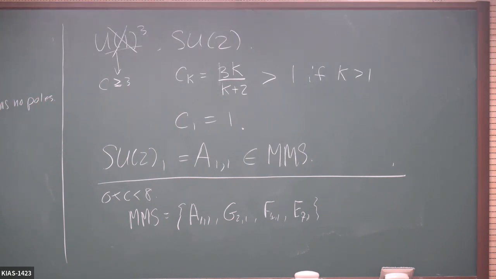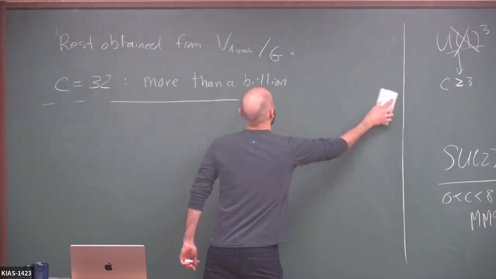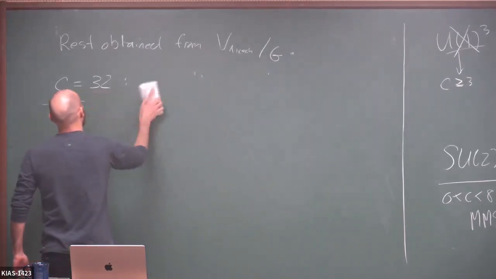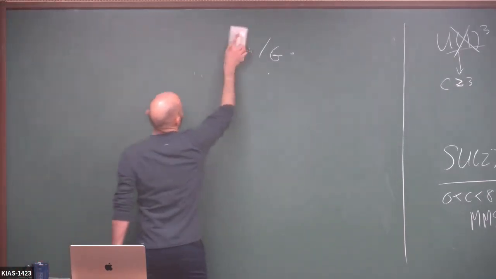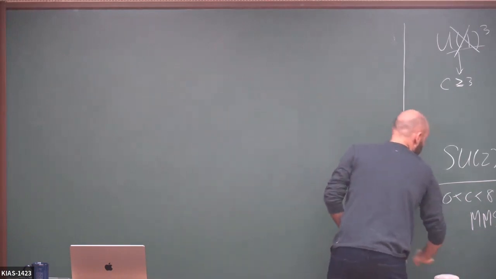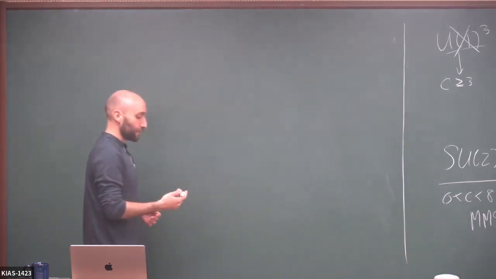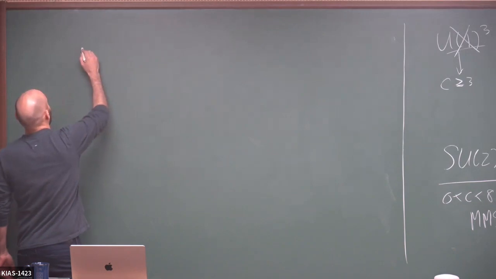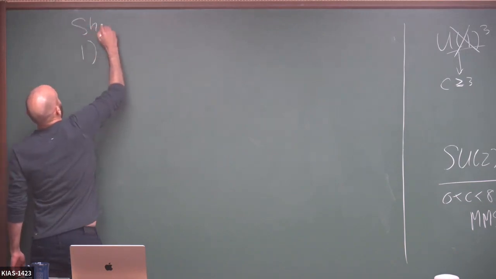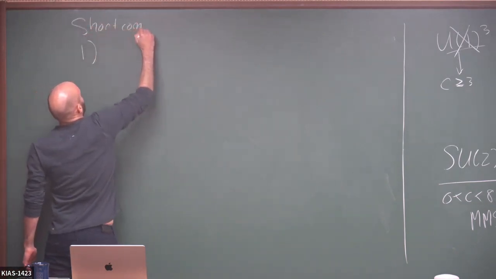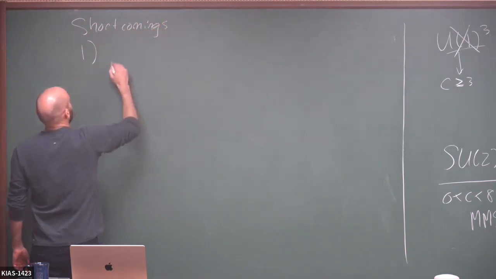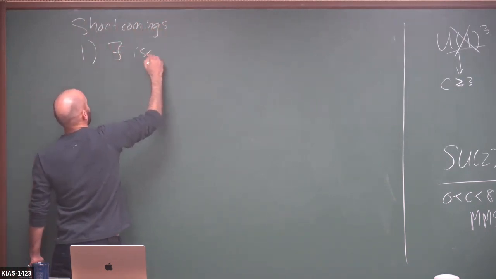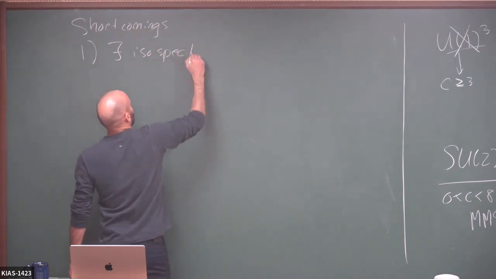So this is great, but there are some shortcomings to these kinds of arguments that rely on character theoretic methods. So, shortcomings. One is that, as was alluded to earlier, there exist isospectral theories.